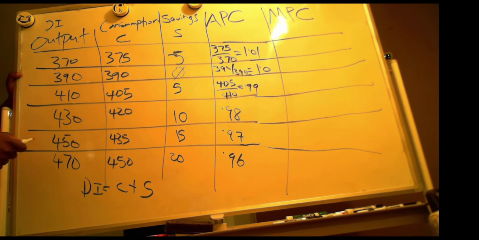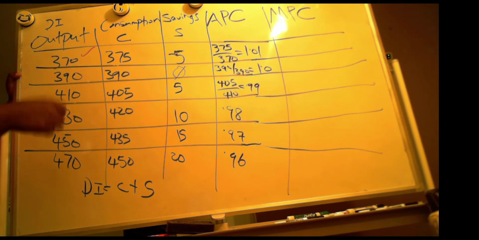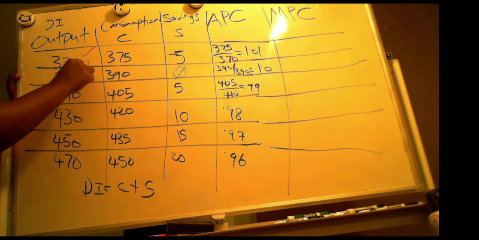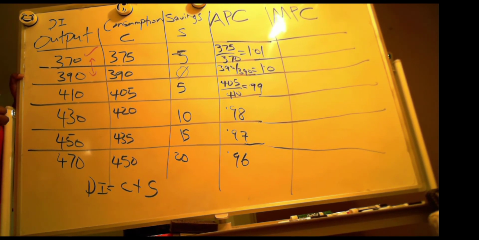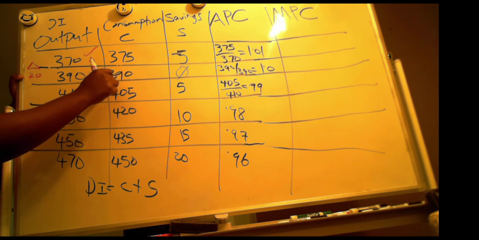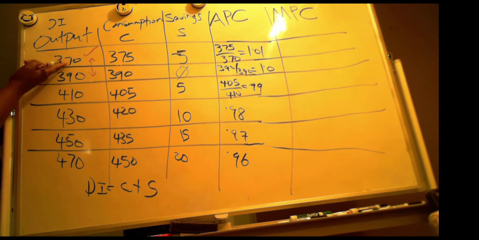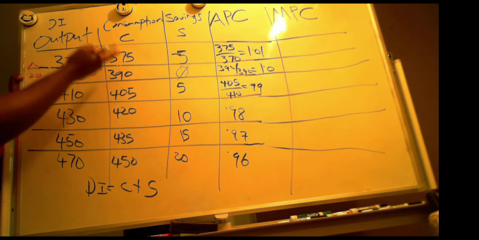This is what we do. Your income used to be 370. Remember, we're dealing with change. If you move to 390, what's the change in your income? 20 bucks. So in this example, the change is 20 for the income. You've got to put them together. Because you got $20 more when you move from here to here, look at how your consumption changed.